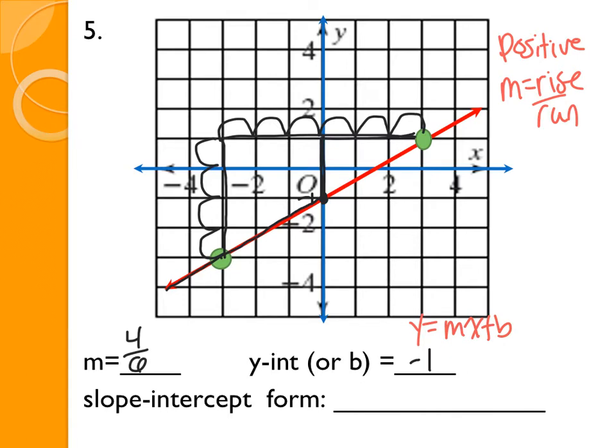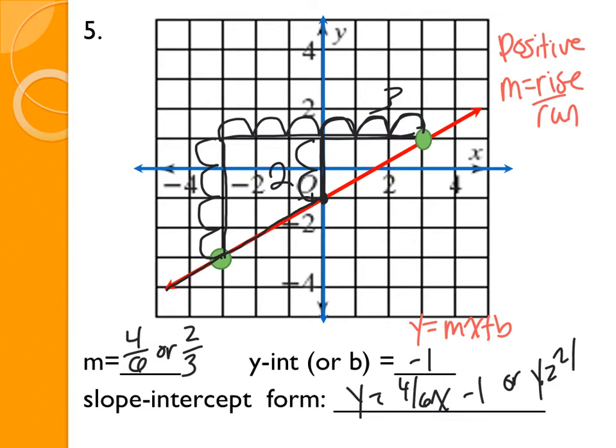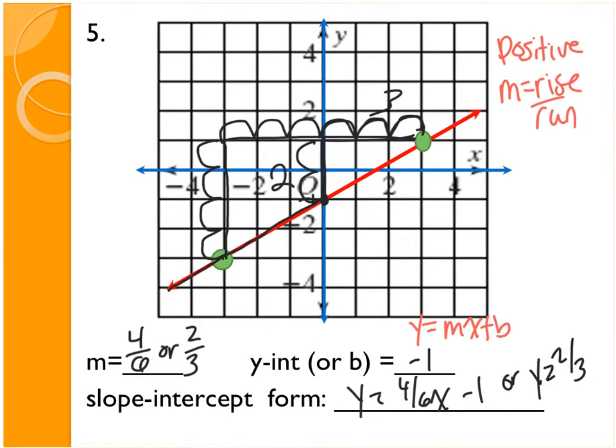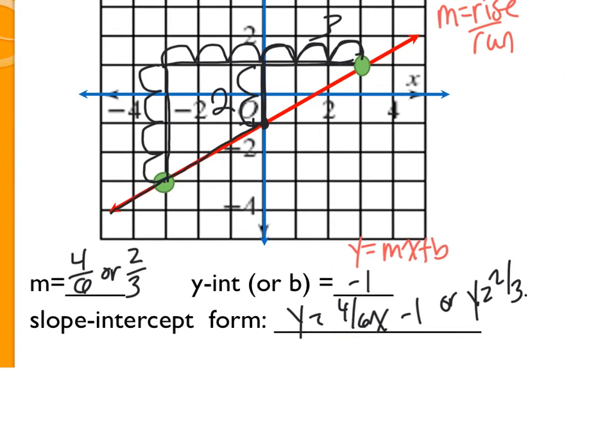If we went here, it would be 1, 2, 3, or 2/3. Put in slope-intercept form. Y equals 4/6x minus 1, or y equals 2/3x minus 1.